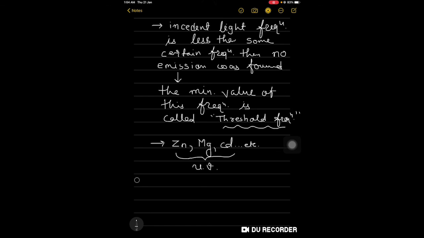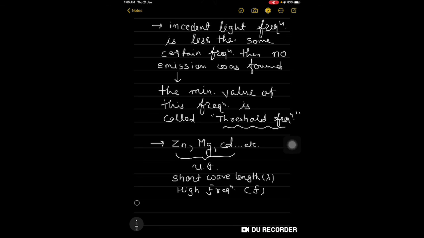So here they are having short wavelength, and that means high frequency. So this was the case.